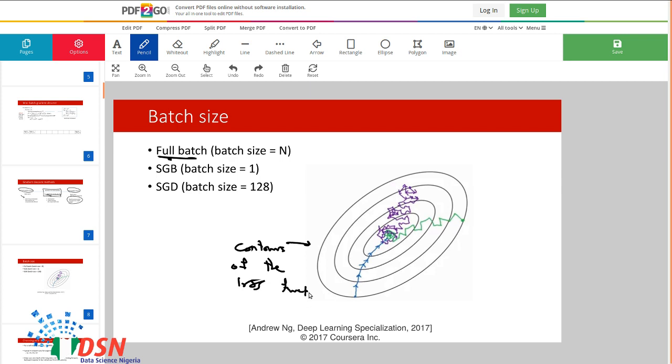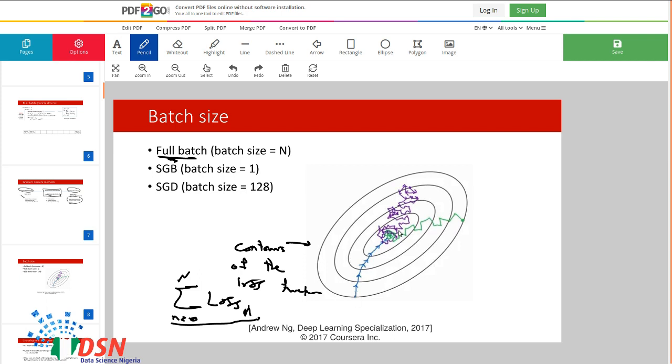Because the loss function includes all of the training data, if you apply gradient descent with full batch on your loss function, then you will probably converge to a local minimum, or to a global minimum if this is a quadratic bowl shape.